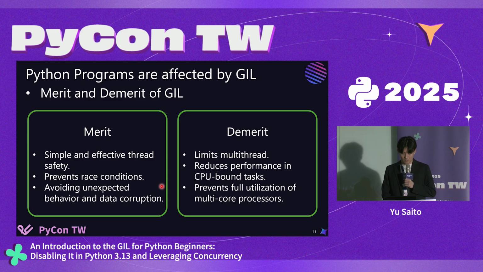On the other hand, as far as demerits are concerned, the GIL limits multithreading and reduces performance in CPU-bound tasks. So even if you use a high-spec multi-core CPU, you can't fully utilize it. This is a demerit of the GIL.